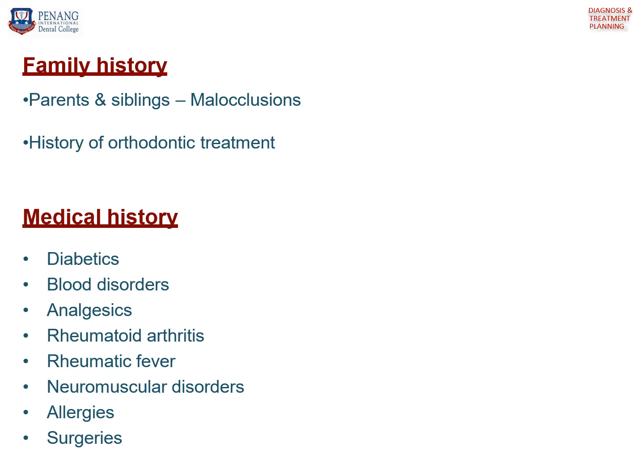Of course, in ortho, not to that extent, but when you do an extraction in a diabetic patient, you can expect a worse scenario there. So it is very, very important to understand that for each patient with a medical history, you get a green signal from the physician, a letter from the physician stating that he or she is ready to undergo dental treatment, right?